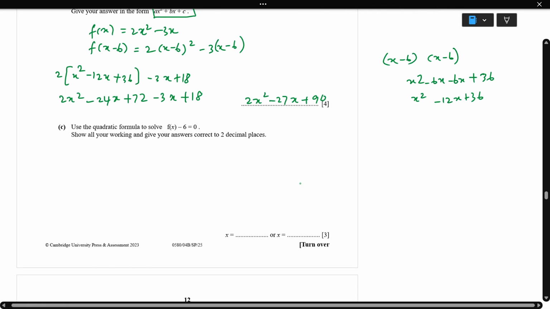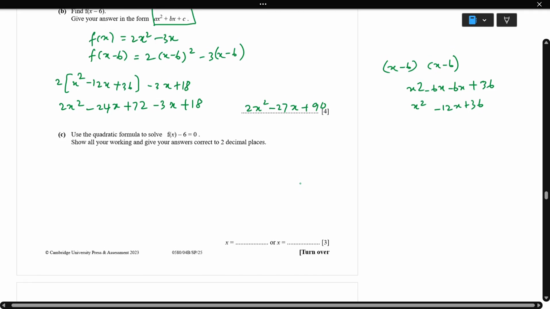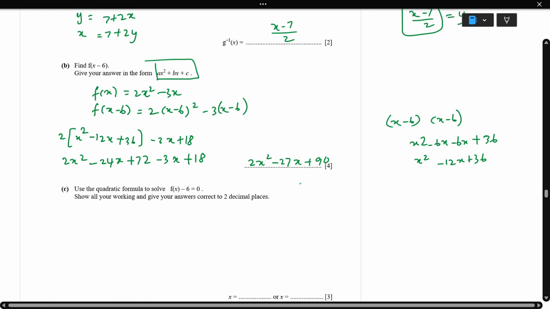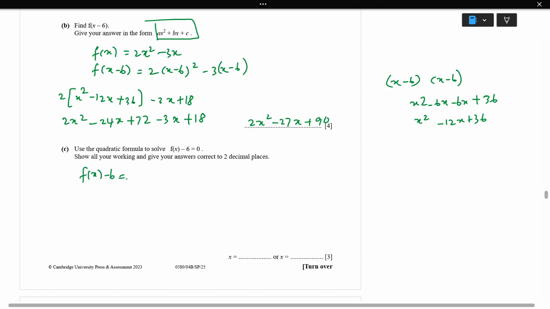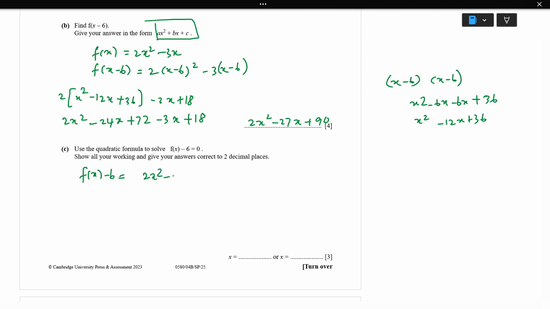Next question, use the quadratic formula to solve f of x minus 6 equals 0. f of x is 2x squared minus 3x, so I'll put minus 6. Equal to 0 is given, so 2x squared minus 3x minus 6 equals 0.